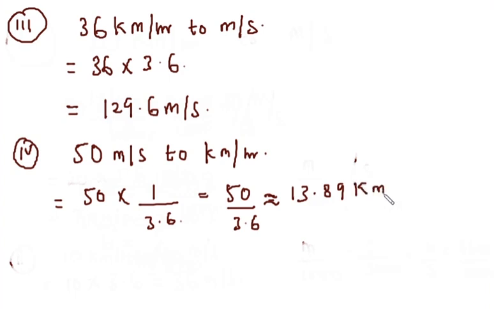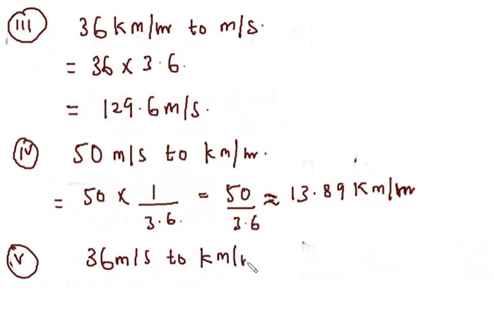kilometers per hour. For the fifth example, let's say you are given a value of 36 meters per second and asked to convert to km per hour. You may want to pause the video and try this one yourself.